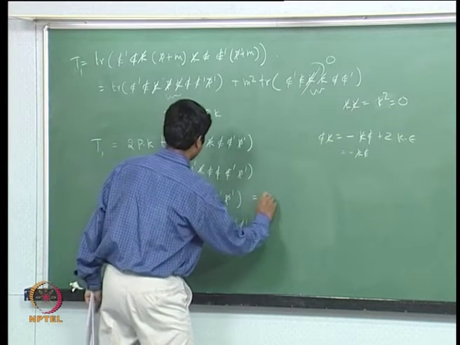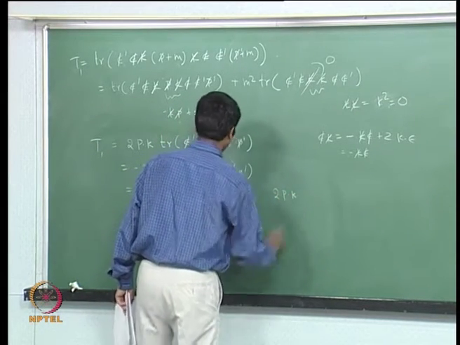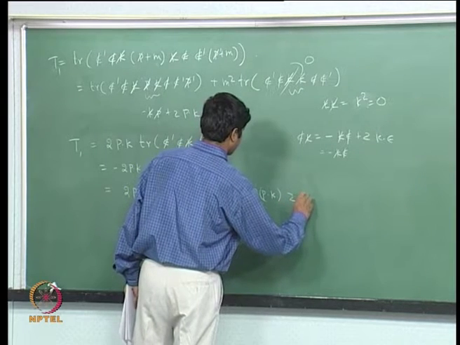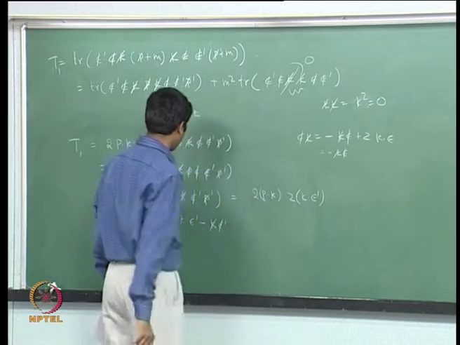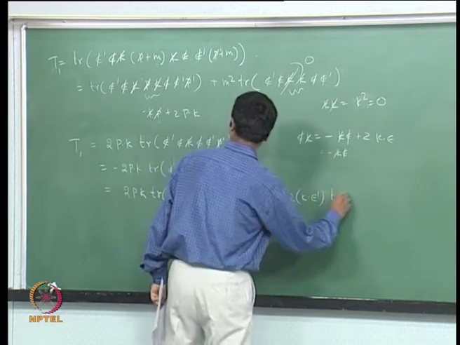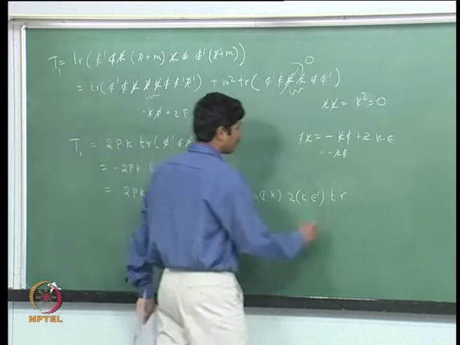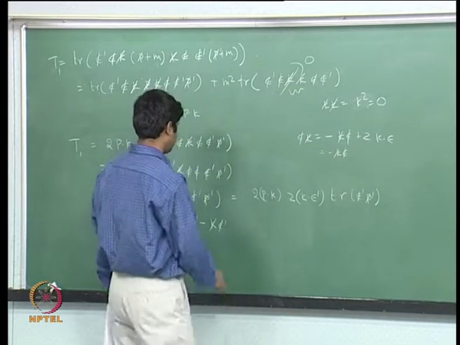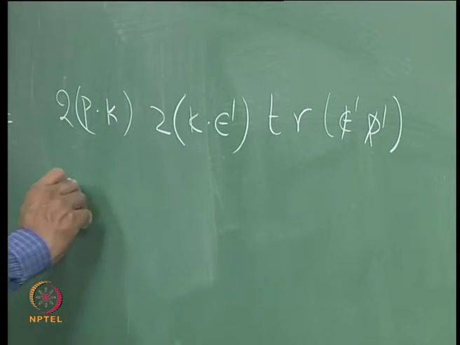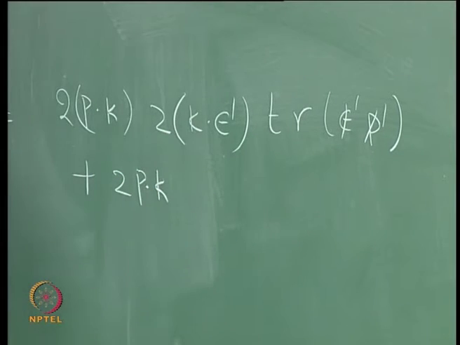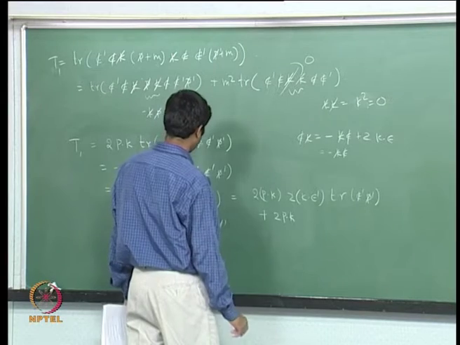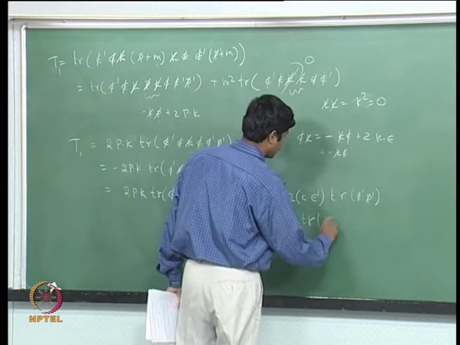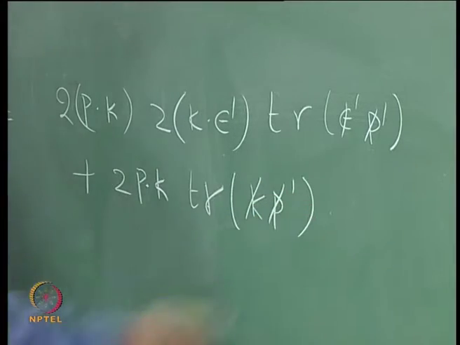So, this quantity here will be 2 p dot k times twice k dot epsilon prime trace of p prime slash, and then plus twice p dot k trace of k slash p prime slash, right.